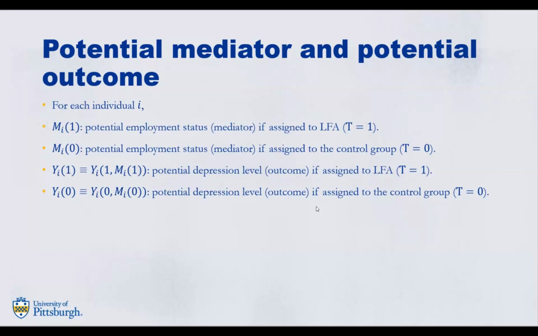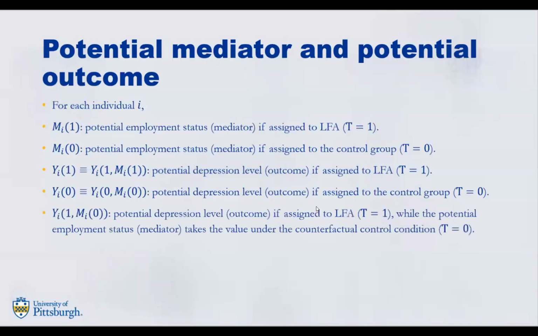So far we have defined the potential mediator and potential outcome under each treatment condition. Now we're going to introduce a trickier potential outcome, which is completely counterfactual. It is written as Y_i(1, M_i(0)), which is the potential outcome if i was assigned to the LFA group, while the potential mediator takes the value under the counterfactual control condition.